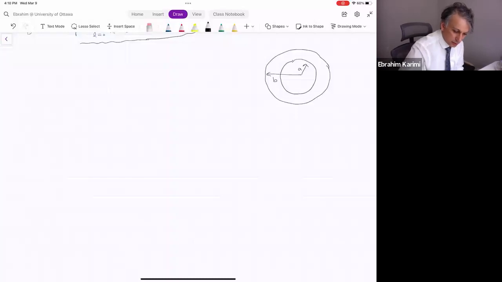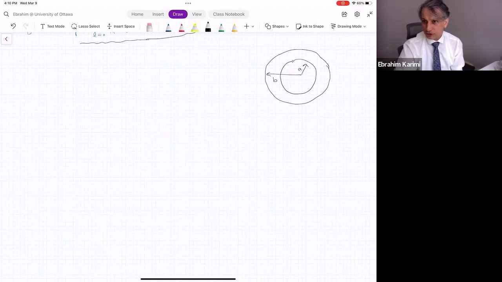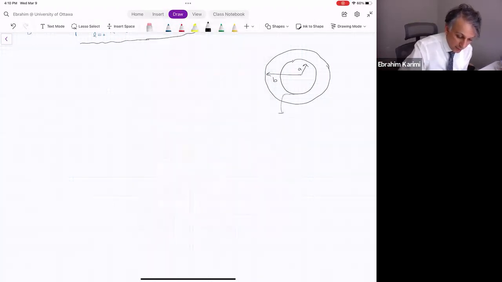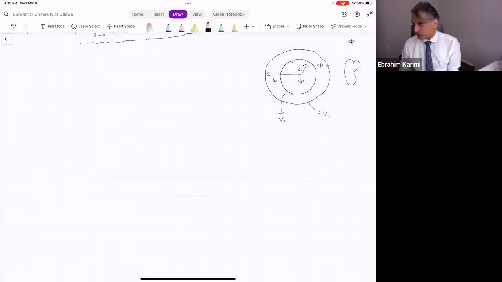And I'm asking you to find the potential inside, outside, between the regions. I can give you this question, right? And maybe the cylinders are kept at different potentials of, let's say, V0, or maybe V prime or V1. And then maybe there is a charge distribution around that. And then I'm asking you, find the potential here, here, and here. This is a question that I can provide you.